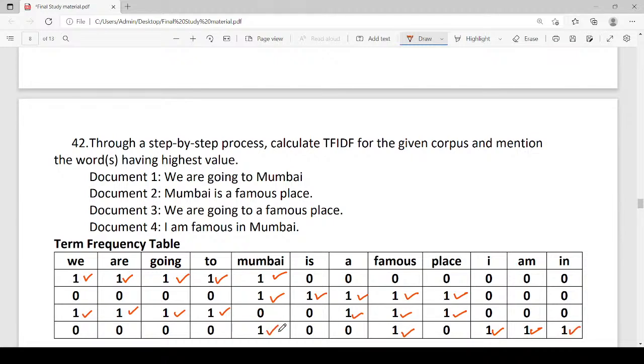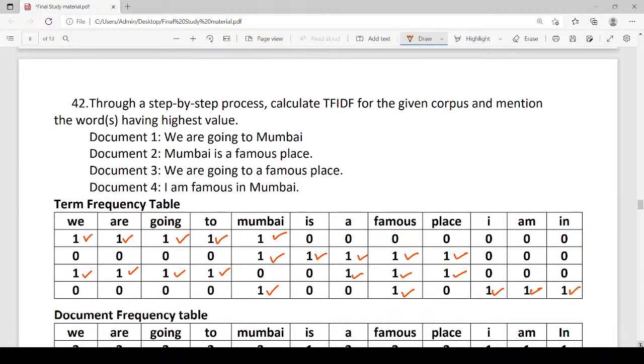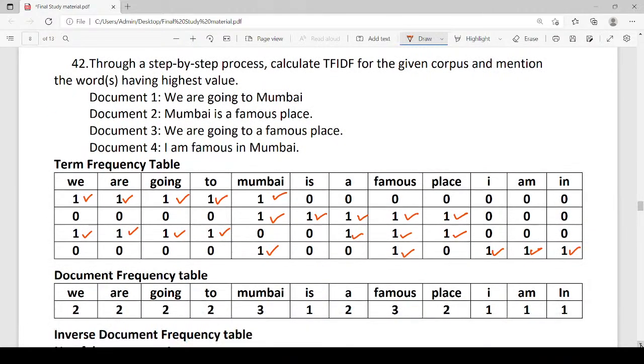So this way we create our term frequency table. Okay. Now let's go ahead and create the document frequency table. Now you're going to count the number of documents in which you are seeing the word. Do not look out for the number of times here. Is it there in the document? For example, let us take V. It is here in the first document.